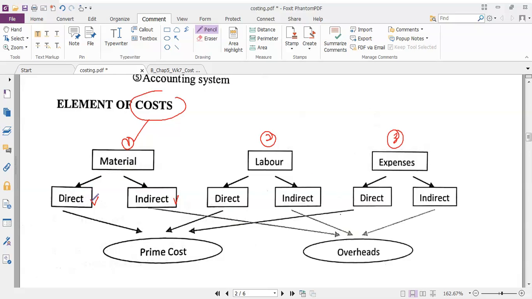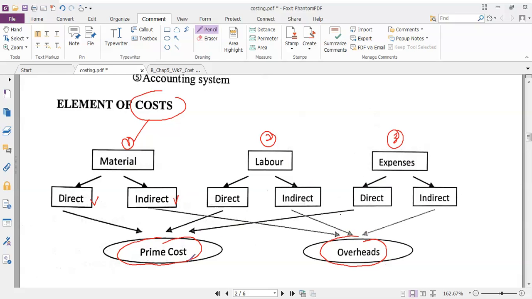So, if we total up the direct material cost with direct labor cost, and also direct expenses cost, we will get prime cost.